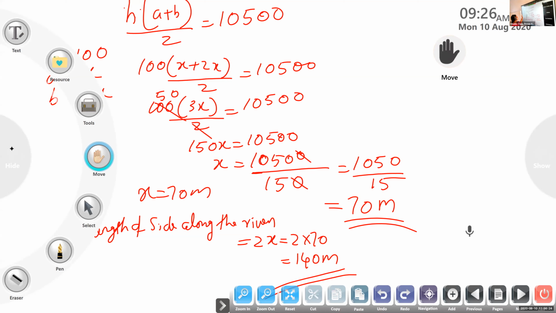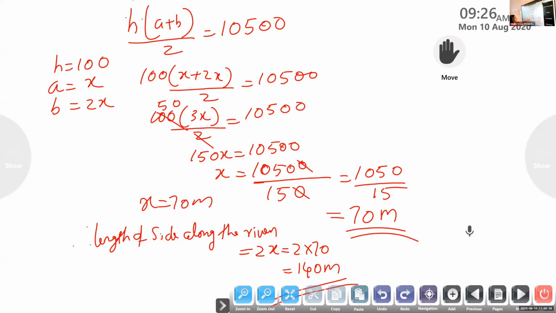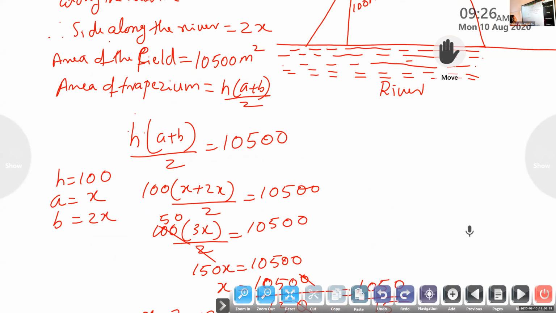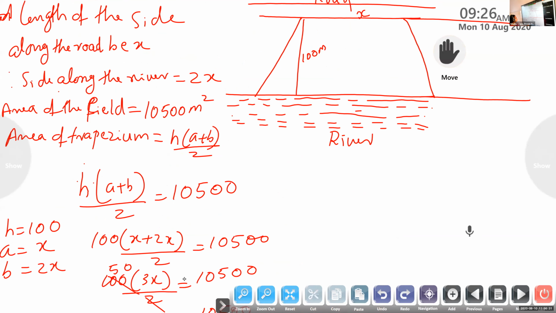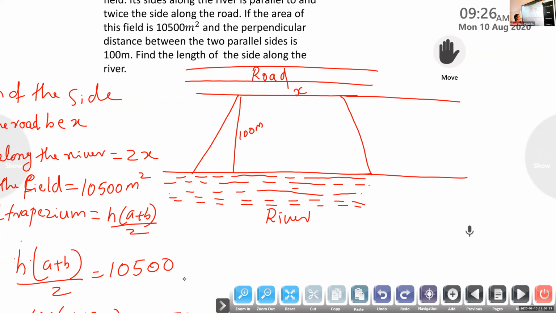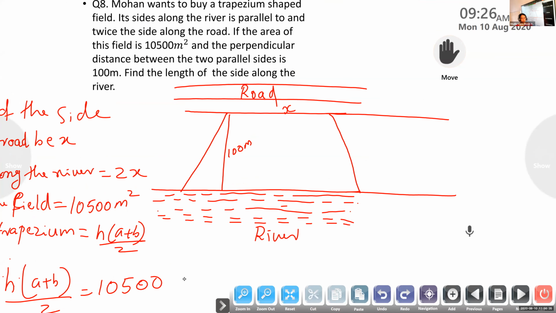I will explain once again. All of you read the question once. It is given that we have a trapezium shaped field. One side is along the river, the other side is along the road. So this is the river and here is a road. Also given that the side along the river is longer, twice the side along the road.